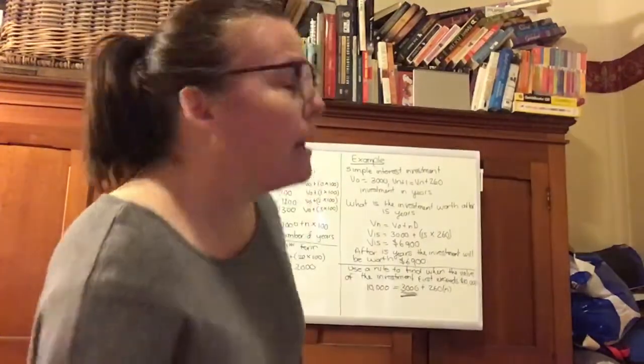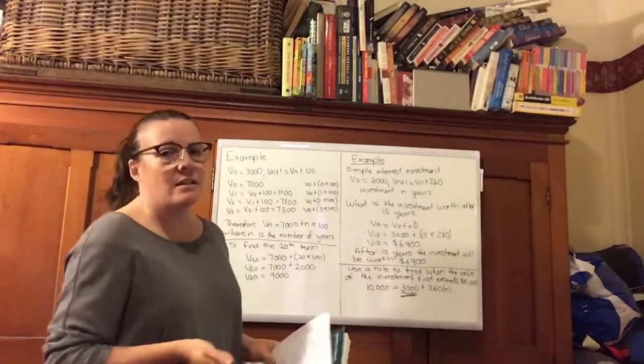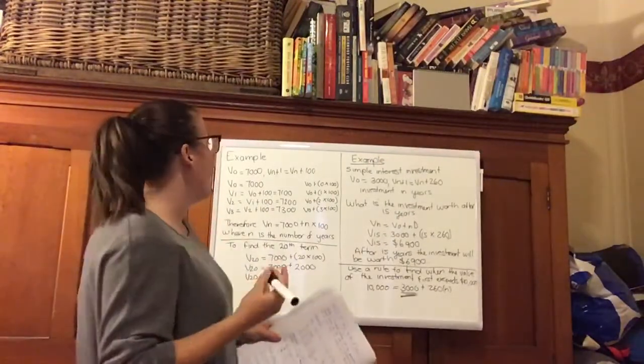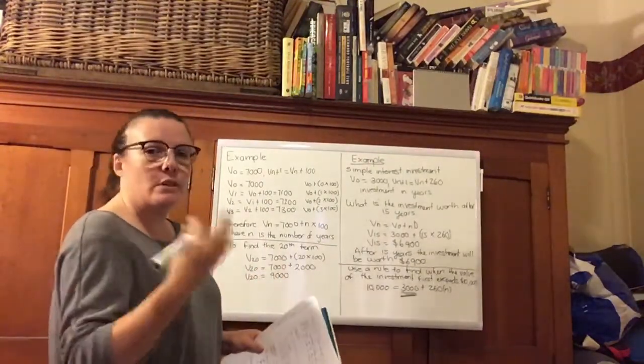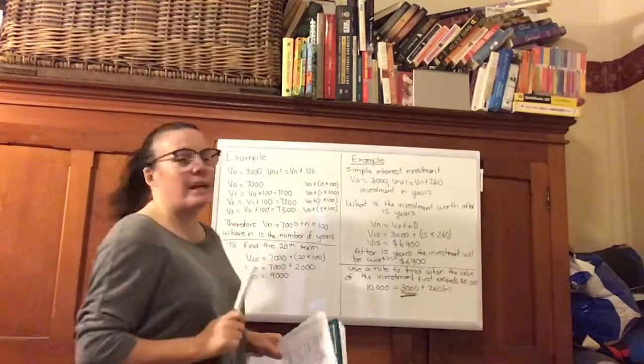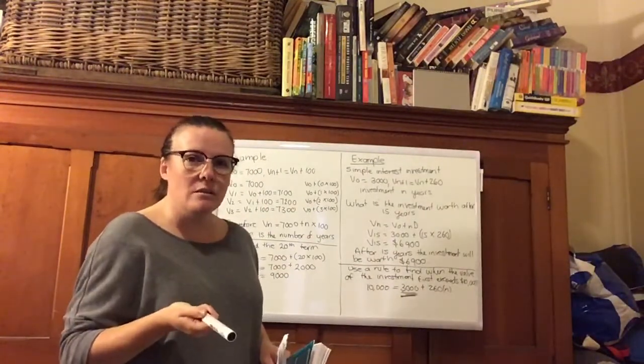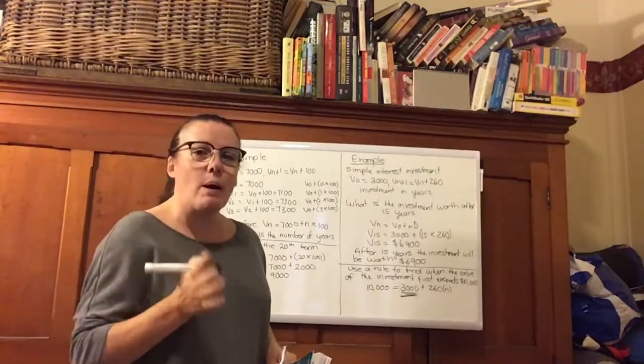So our first example is we've got V0 is equal to 7,000. That means the initial investment is worth $7,000. Vn+1 is equal to Vn plus 100, which means at the end of each year, the investment will go up by $100.